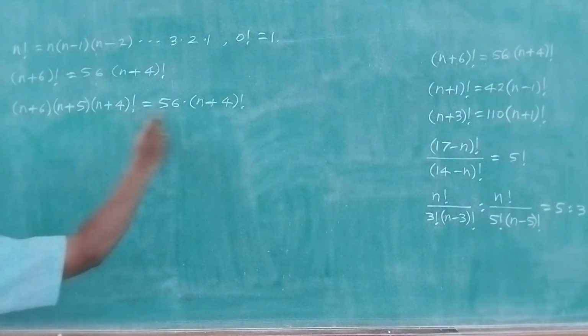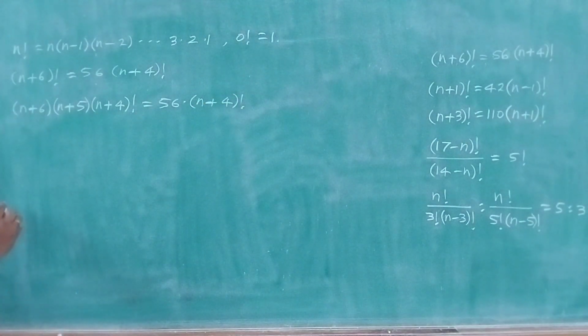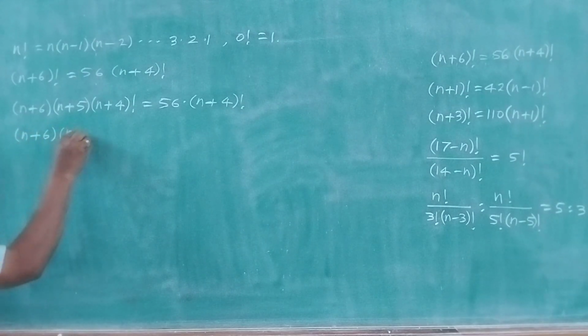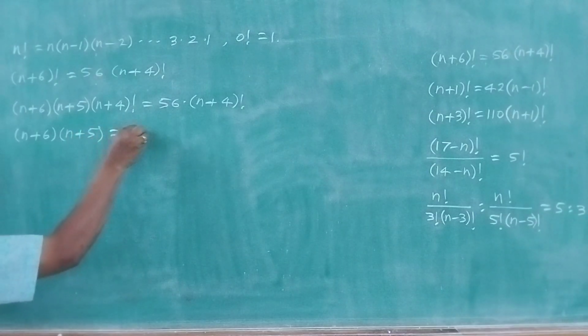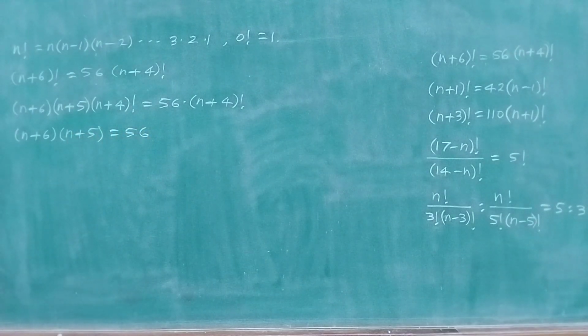Clearly, (n+4)!, since non-zero, will be removed from both the sides. (n+6) multiplied by (n+5) is equal to 56.